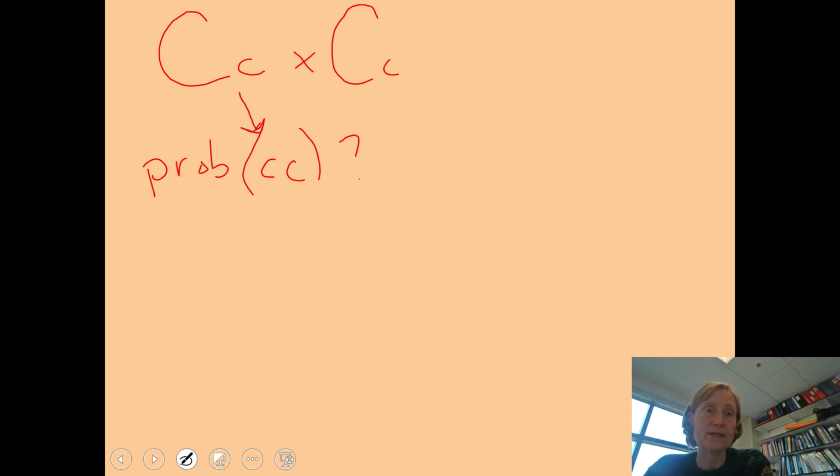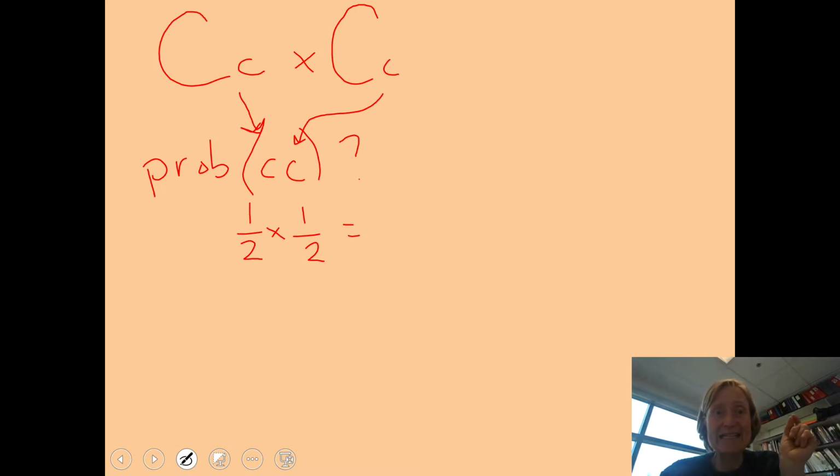Well, you either get the big C or the little c. There's a 50% chance that you're going to get the little c from mom, and there's a 50% chance you're going to get the little c from dad. But you need both of them to have the disease. You need to get one little c and another little c. So we need to multiply the separate probabilities together.